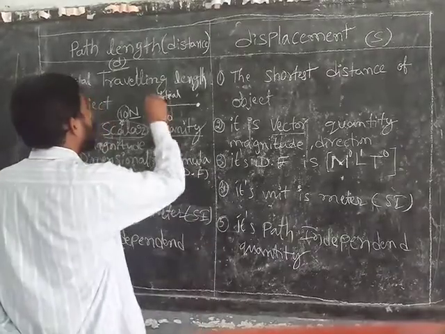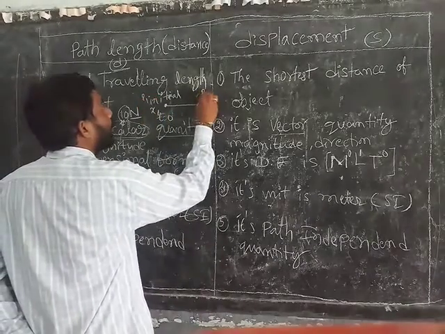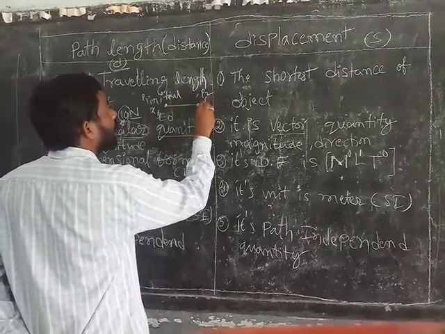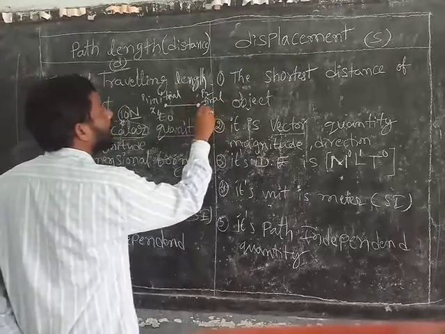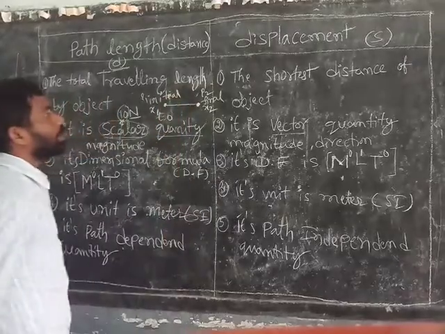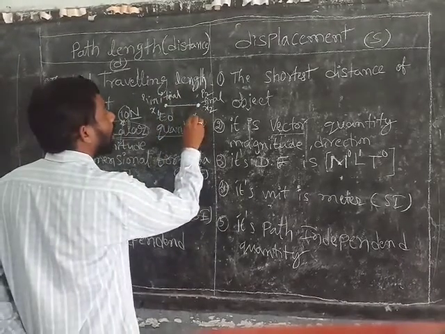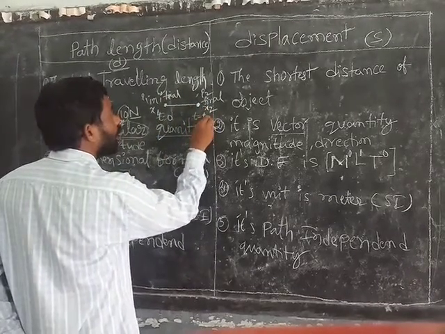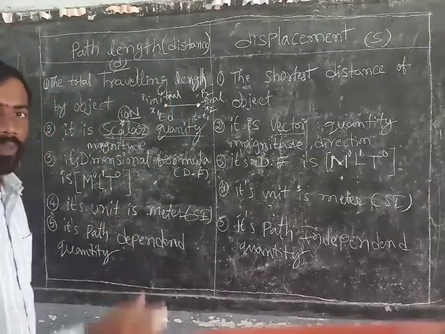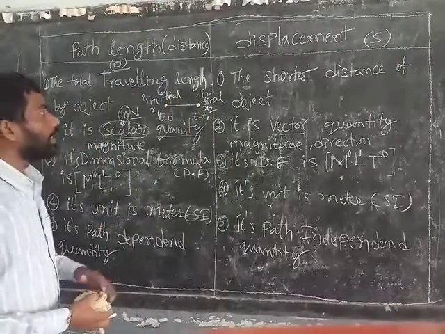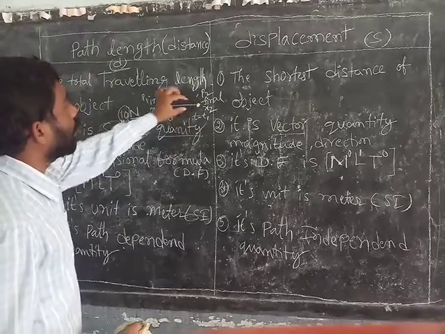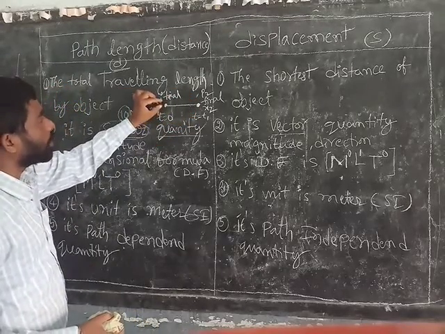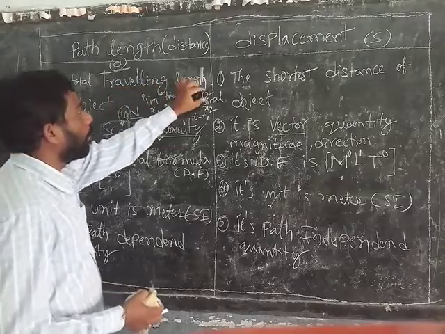That point is taken as P2, the final point, at time equal to small t1. Suppose you assume this. Then one particle moves from P1 to P2.